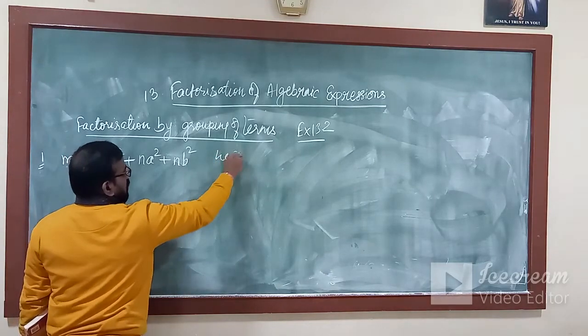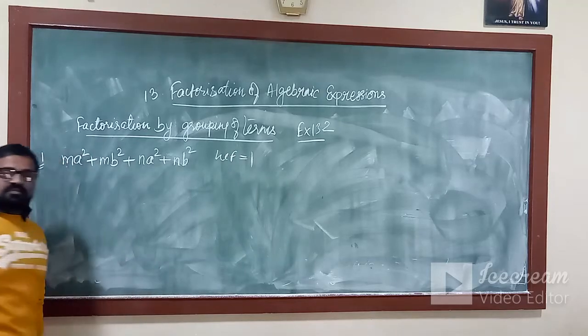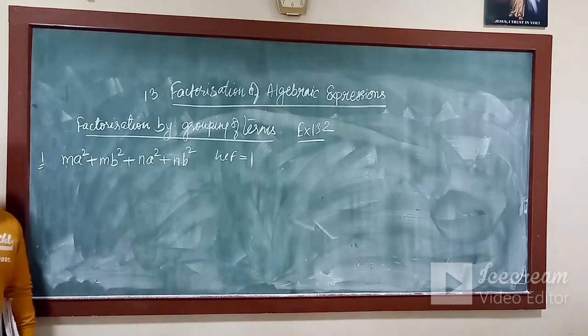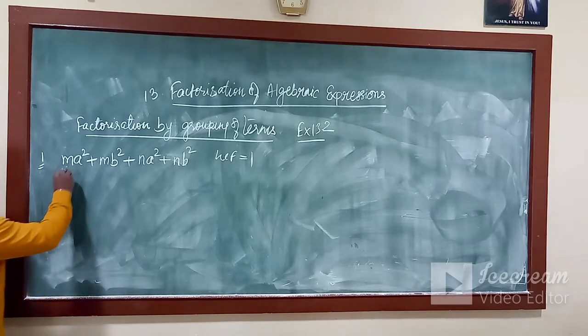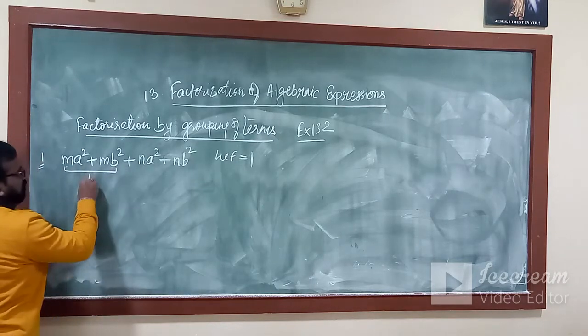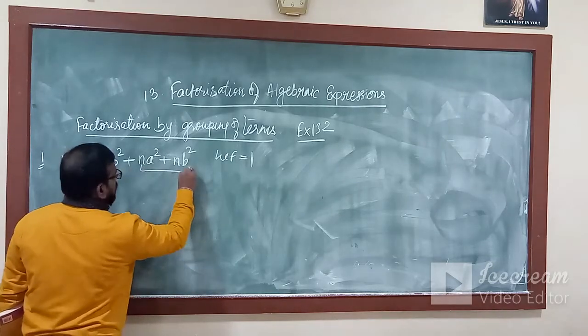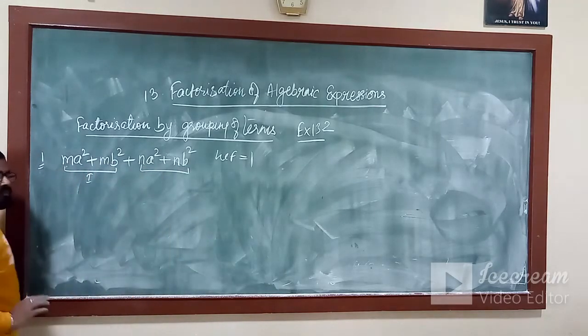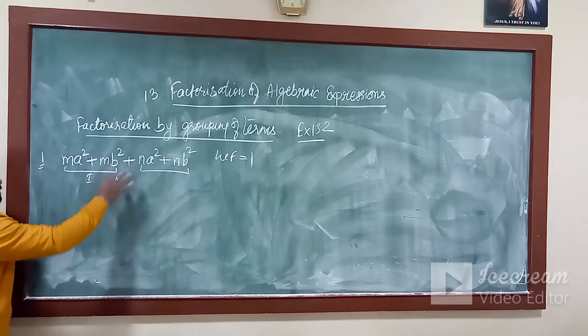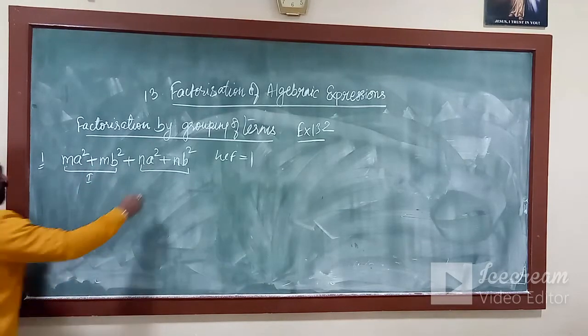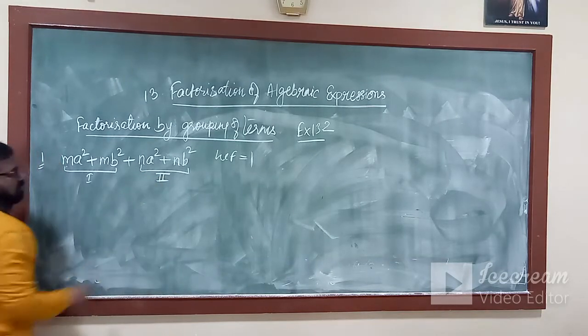HCF is equal to 1. But what we know, factorization is writing the algebraic expression as a product of two different algebraic expressions. So in that case, we will inspect it and see this is our first group and this is our second group which contains m. Or you can shuffle also, you can write a square terms together and b square terms together. So in this manner I have made the groups.